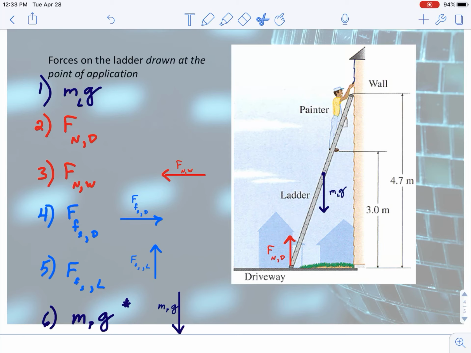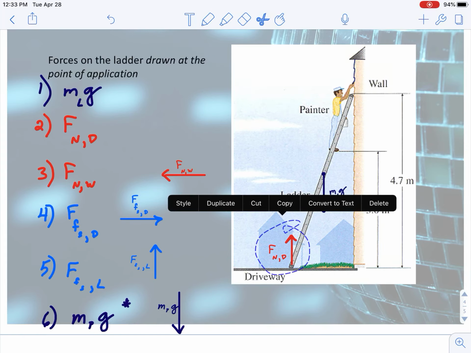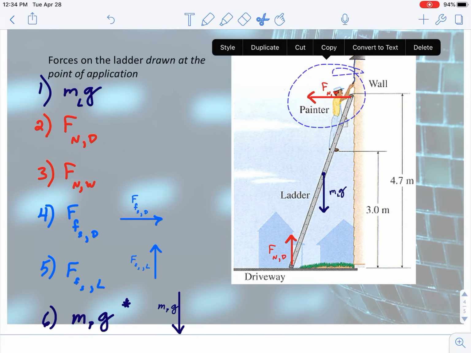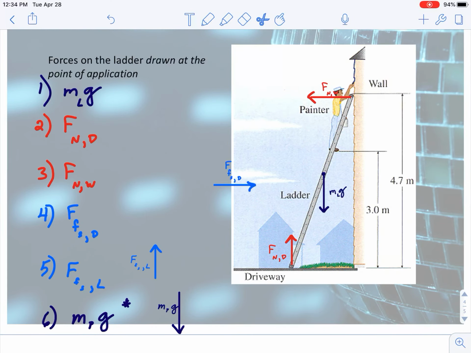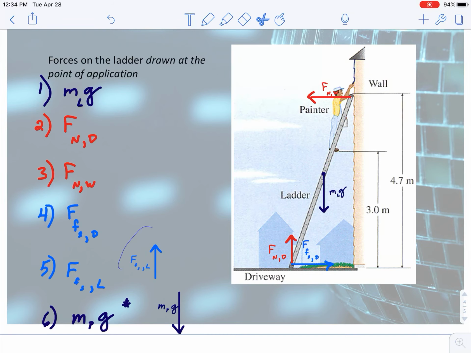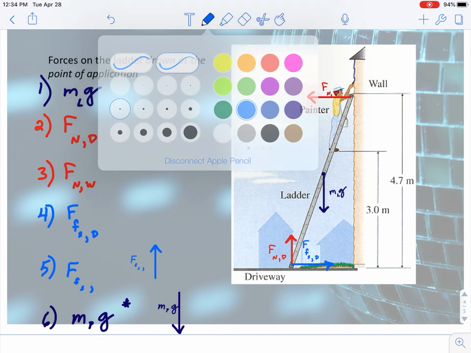The normal force from the driveway is applied at the base of the ladder. The normal force from the wall is placed at the top of the ladder. The friction force from the driveway is also at the base of the ladder.